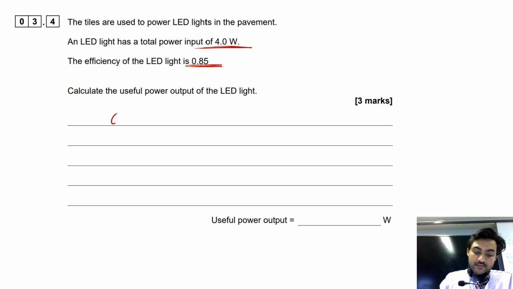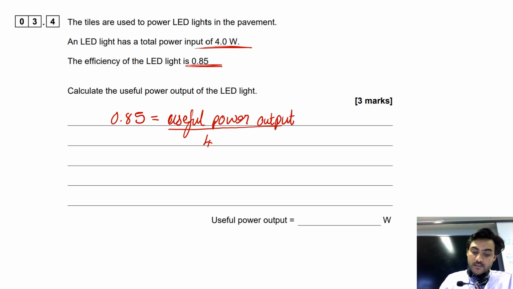So you have 0.85, which is equal to the useful power output divided by 4.